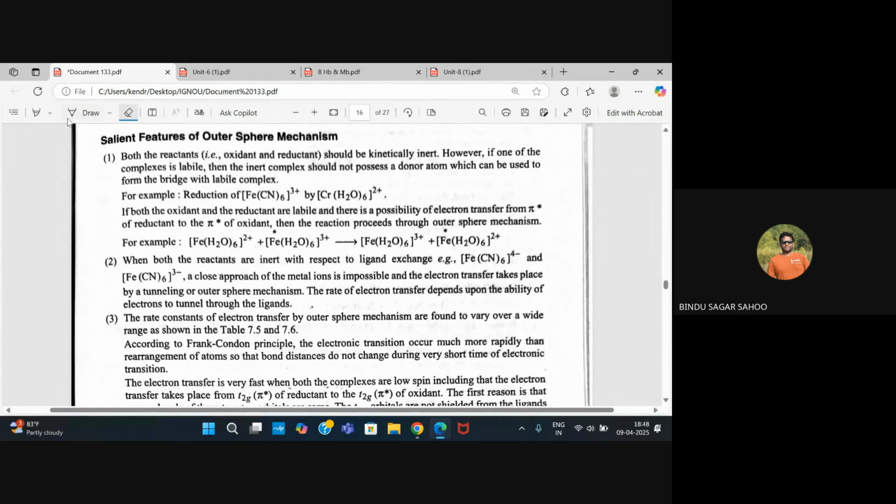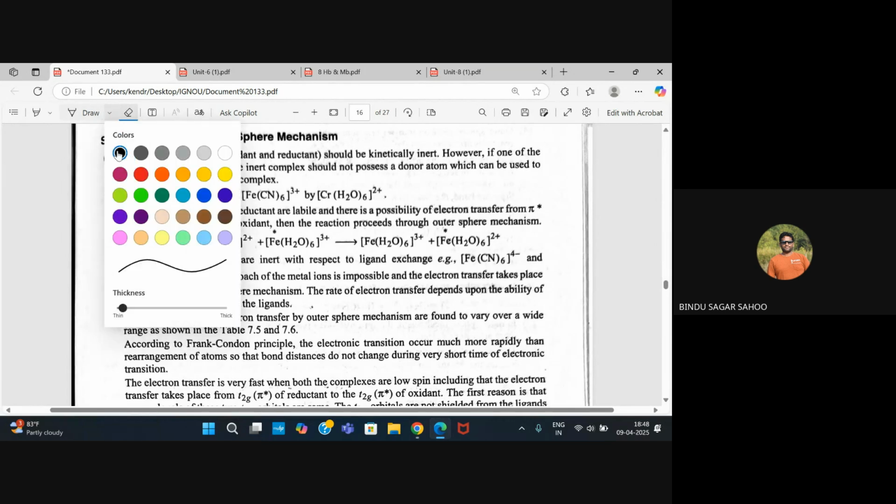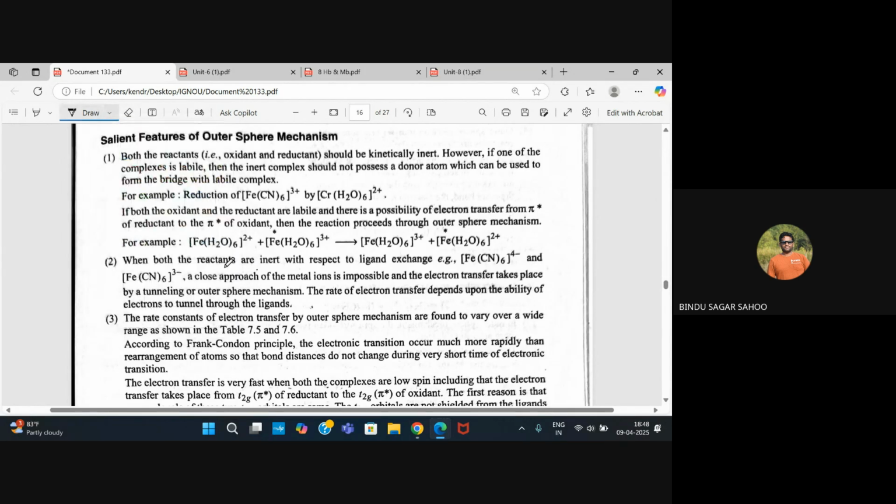And what will be the electronic configuration of these two complexes? Suppose I am saying Fe water 6 2+. What will be the d electronic configuration of Fe here? 2+ means d6.